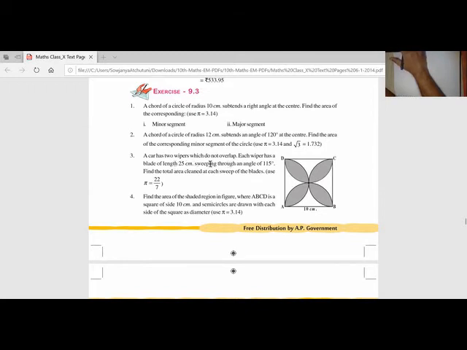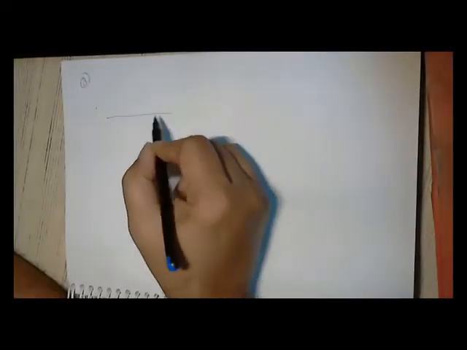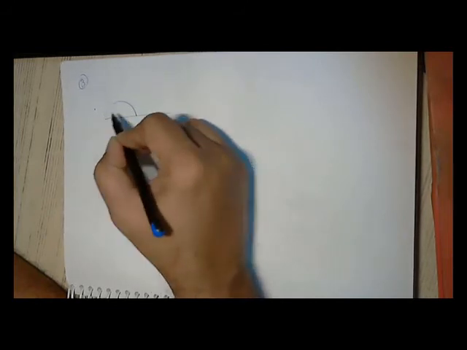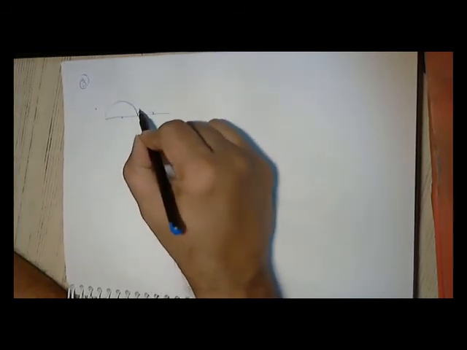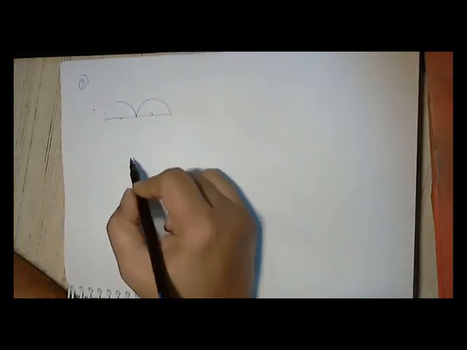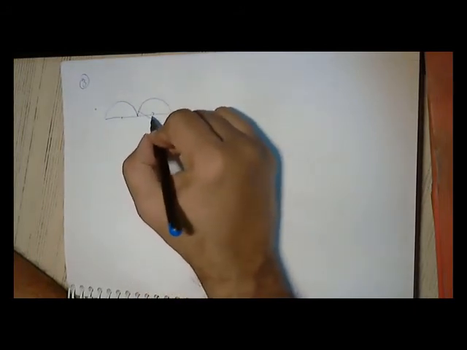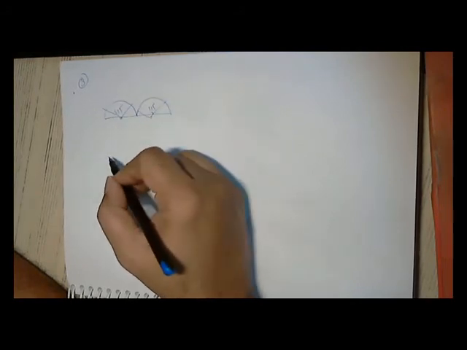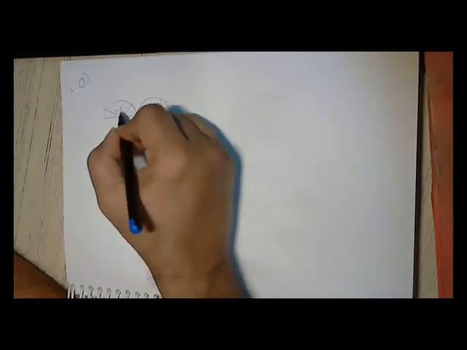Each wiper sweeps through an angle of 115 degrees. Find the total area cleaned at each sweep of the blades. So 25 and 115. This is the windshield. We have one wiper like this, and this is another wiper. So what is the area it is covering? 115 is the angle, and this is 25.